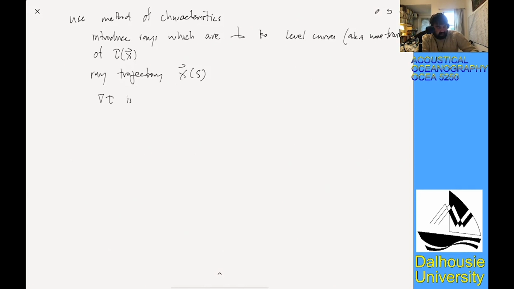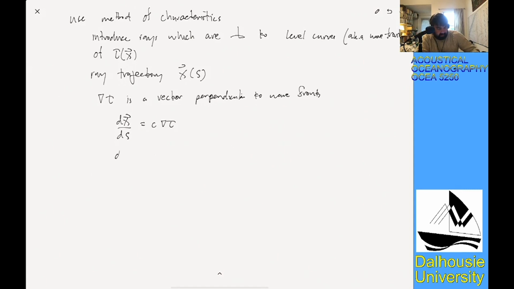Del tau is a vector perpendicular to the wavefronts. So dx/ds equals c del tau, right?